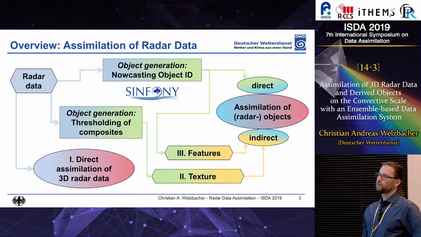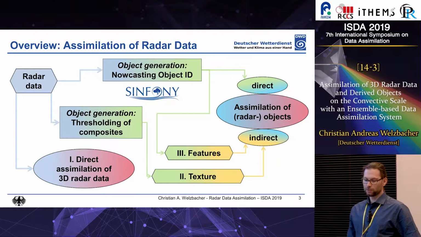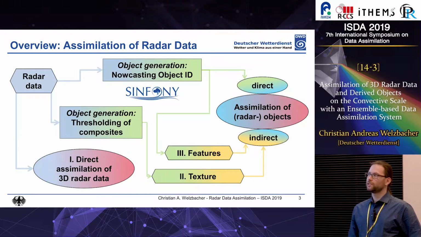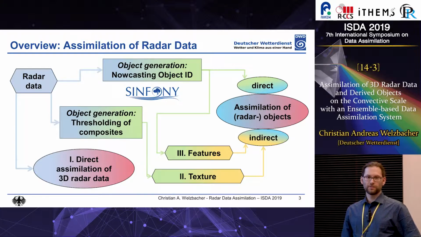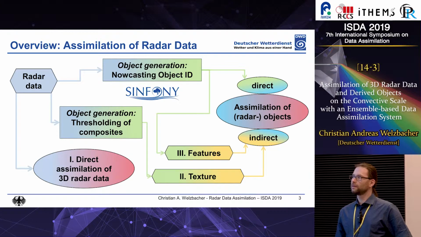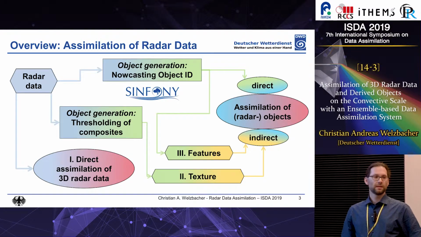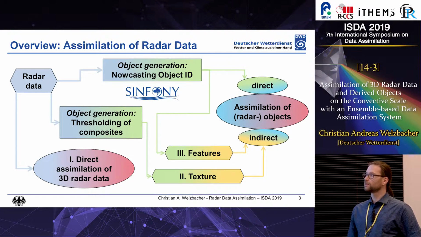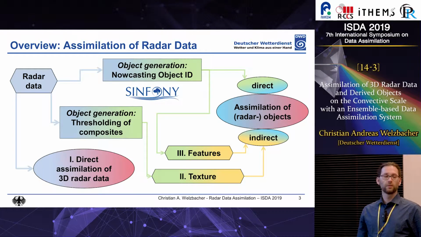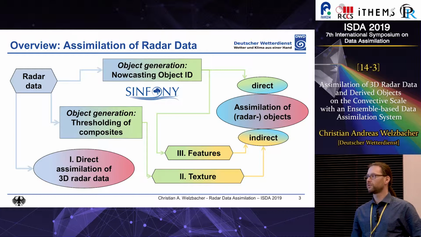Additionally, as a pre-step and some additional tests, we also look into the object generation in the way of thresholding composites. So we look at our reflectivities and threshold them at some reflectivity scale, and then also look at them in the idea of the fraction skill score and assimilate these things. Later on, I'll show you some results for first experiments we've performed for that.